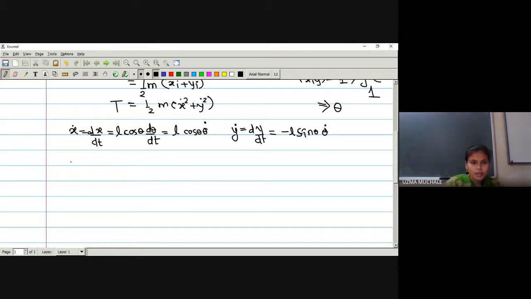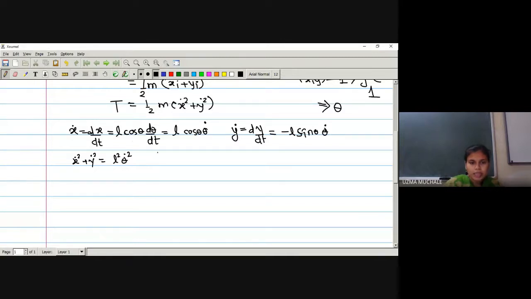Let me first find the value of x dot square plus y dot square. What will the value be? L square and theta dot square will be common. This is x dot and this is y dot, and we have to square them and add them. So what will be the result? L square cos square theta theta dot square plus L square sin square theta theta dot square.